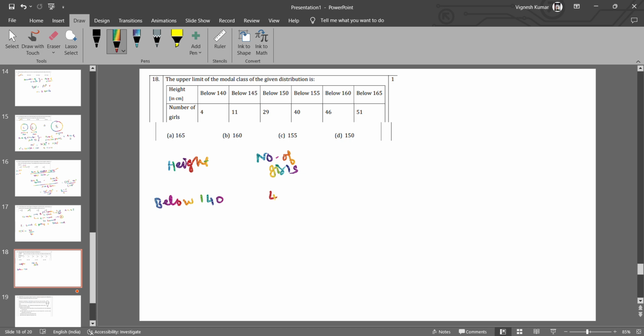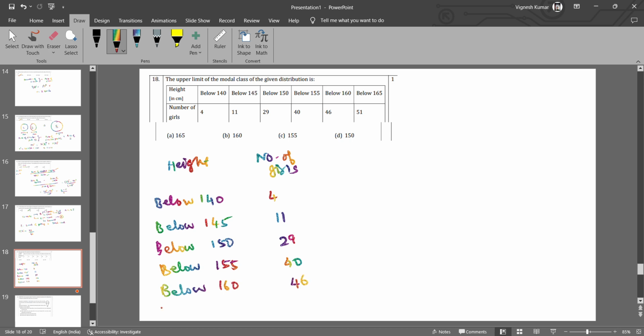We have height below 140, 4, below 145, 11, below 150, 29, below 155, 40, below 160, 46, below 165, 51. So how can we convert this to a table that contains class intervals? If we see, the difference between each of the heights mentioned here is 5.